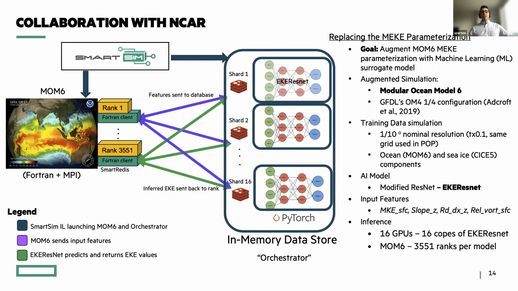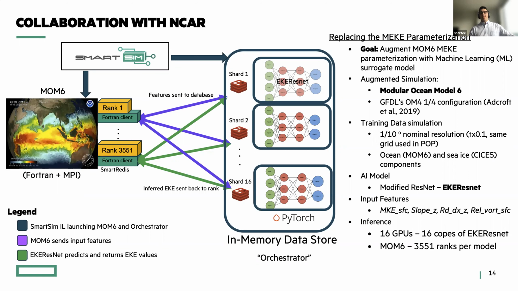And the training simulation that we used to train the model, in this case that we called EQ ResNet, a modified ResNet, was trained on 1/10 degree data. So a really high resolution data. And the goal was then to use that 1/10 degree trained EQ ResNet model to predict the value of eddy kinetic energy within a 1/4 degree simulation.